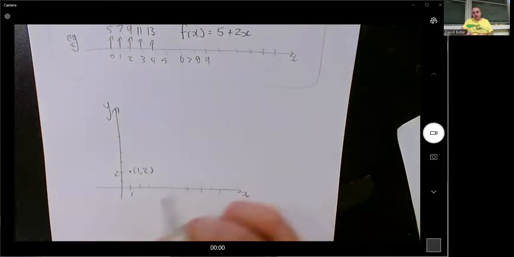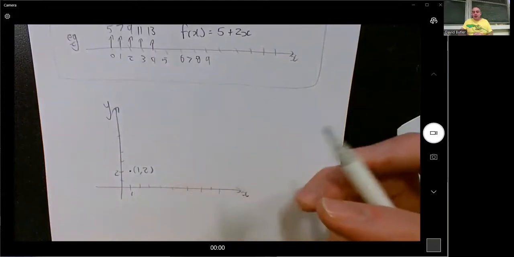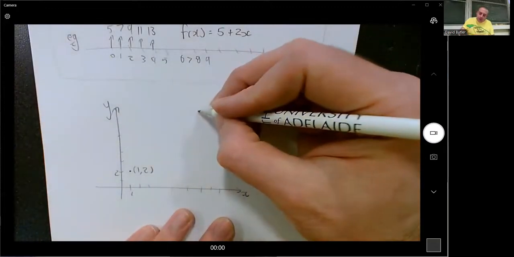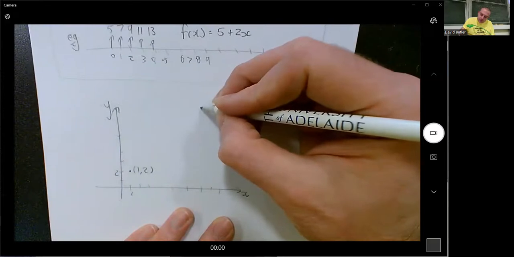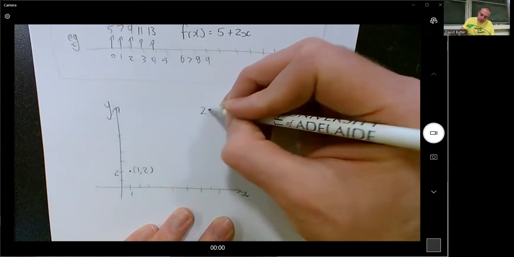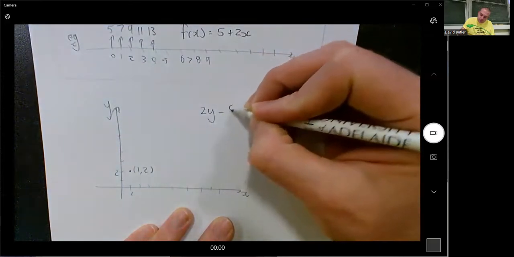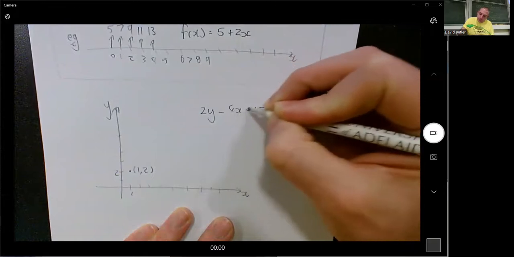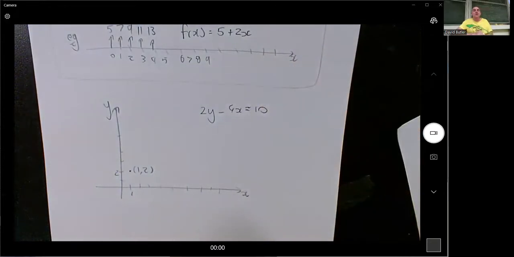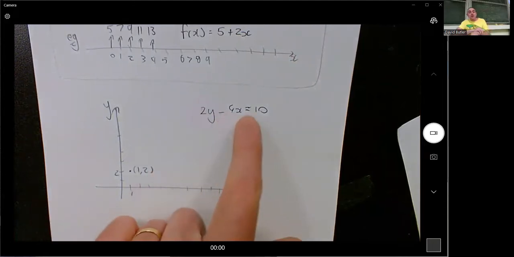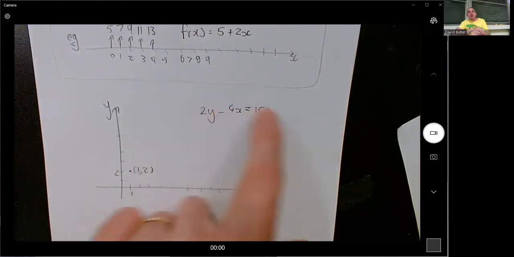And I can draw on this picture in a different way. I could create a drawing by saying, for example, 2y minus 4x equals 10. And I could decide whether a point needs to be colored in as part of my drawing, depending on whether it satisfies this equation or not.